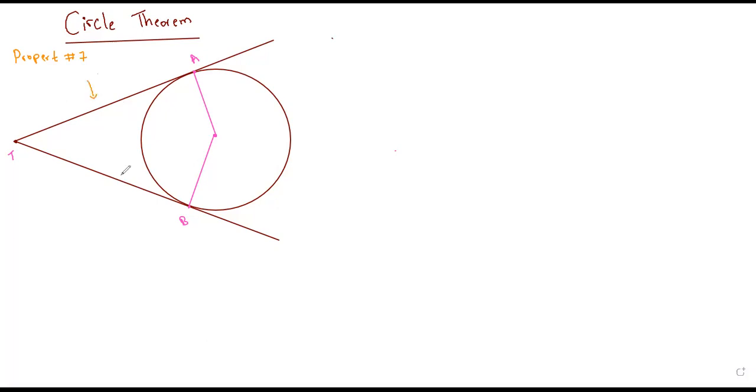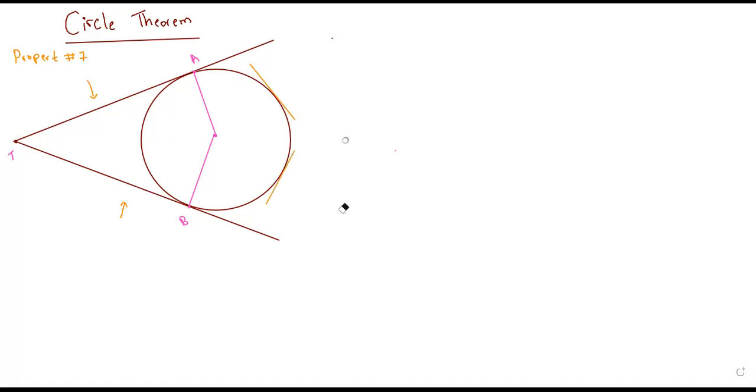These 2 maroon lines are tangents. I told you what exactly a tangent is. A tangent is any line that is touching the circle at one point only. For example, this is also a tangent line, and this is also a tangent line.